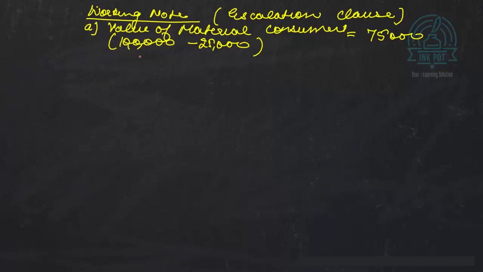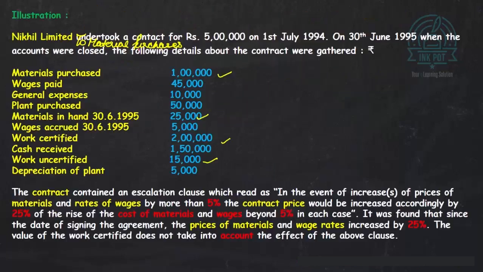So let us say the original price be 100. Now let's check the escalation clause. It was found that since the date of signing the agreement, the price of material and the wage rates increased by 25%.